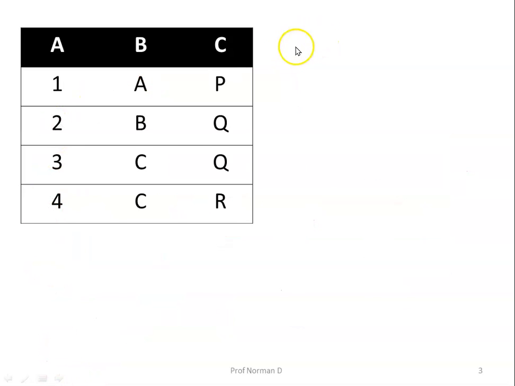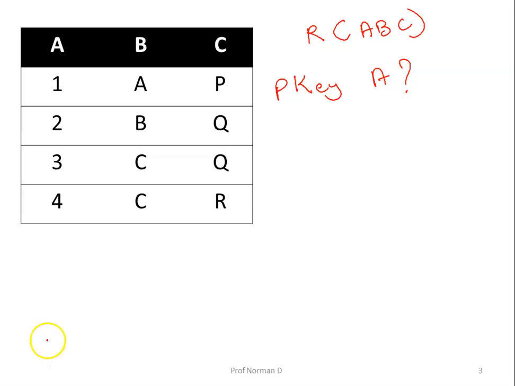We will see another example now. Here we have a relation R where the attributes are A, B and C. Now the first question is, can I make the first attribute A the primary key? If you look at the values, since all the values are unique, I can say that A can be a primary key.